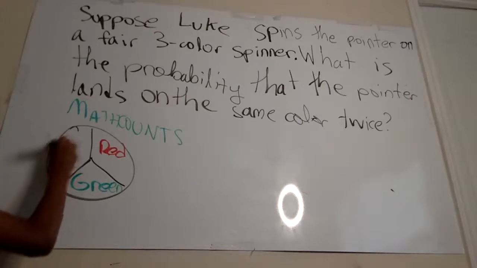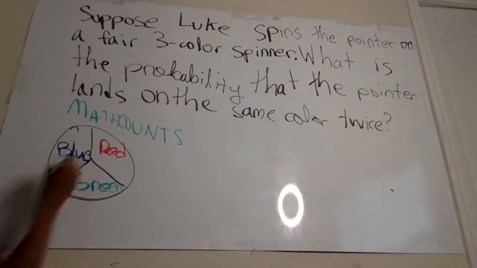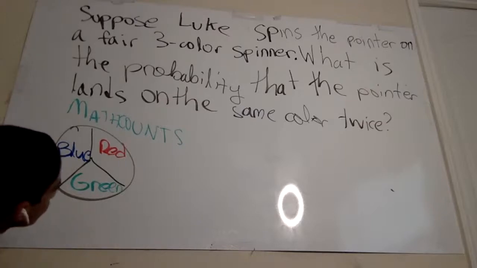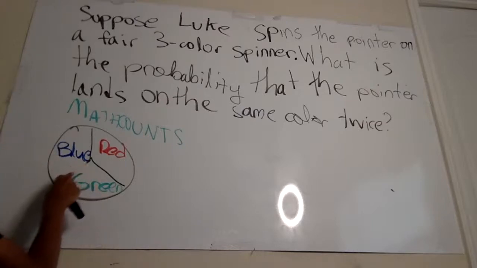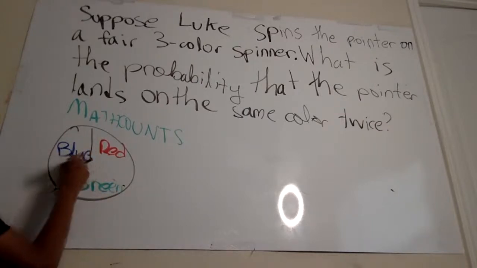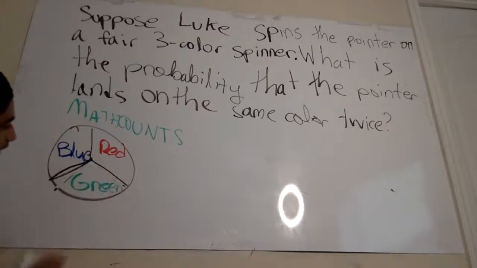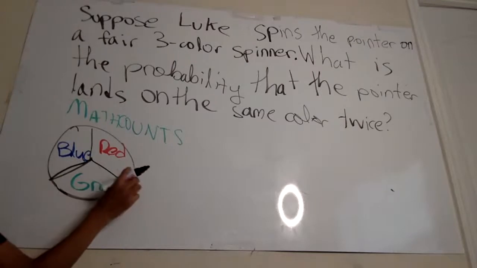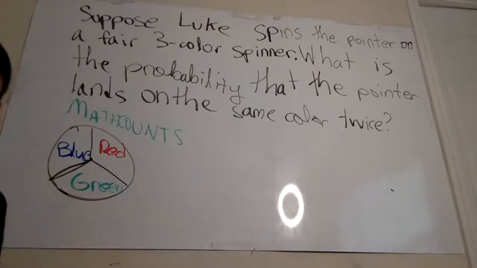We have the belated blue. And the spinner lands on one of those colors every single time. And by the way, this is not drawn to scale. I'm pretty sure this is probably the worst spinner anyone's ever drawn, since that green looks like it has very little space. So that's the spinner. And the question asks, what's the probability that it lands on the same color twice?